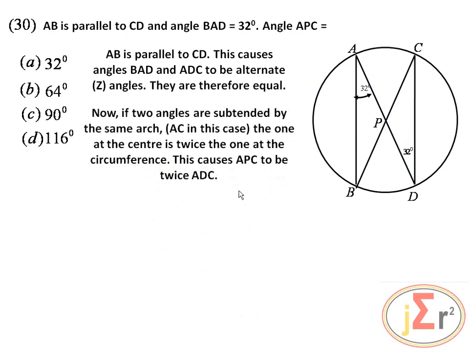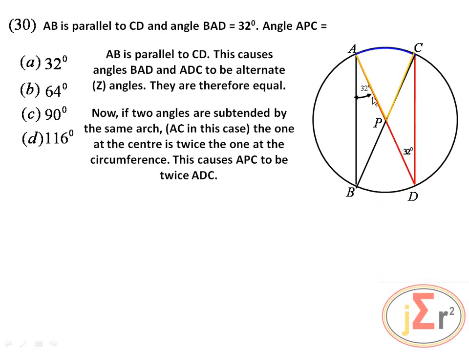Now, if two angles are subtended by the same arc, and in this particular case it is AC, so this arc is AC, the one at the center is twice the one at the circumference. This causes APC to be twice ADC. So there we have them.